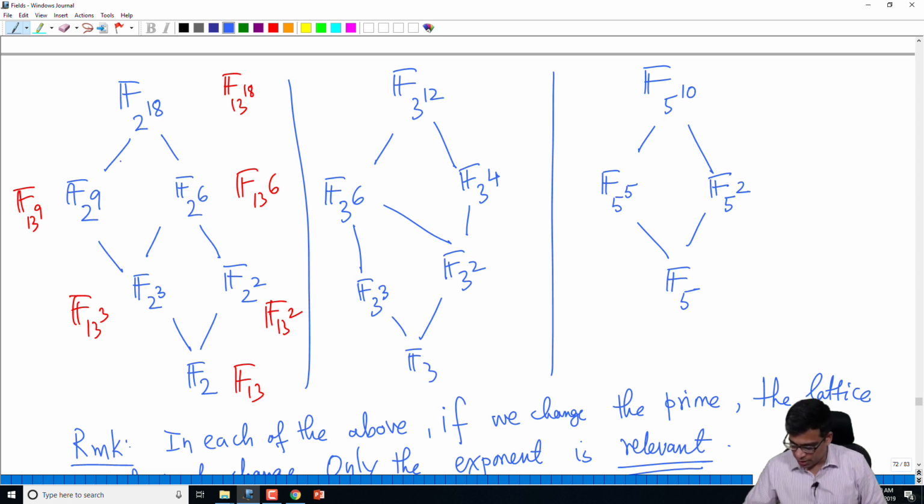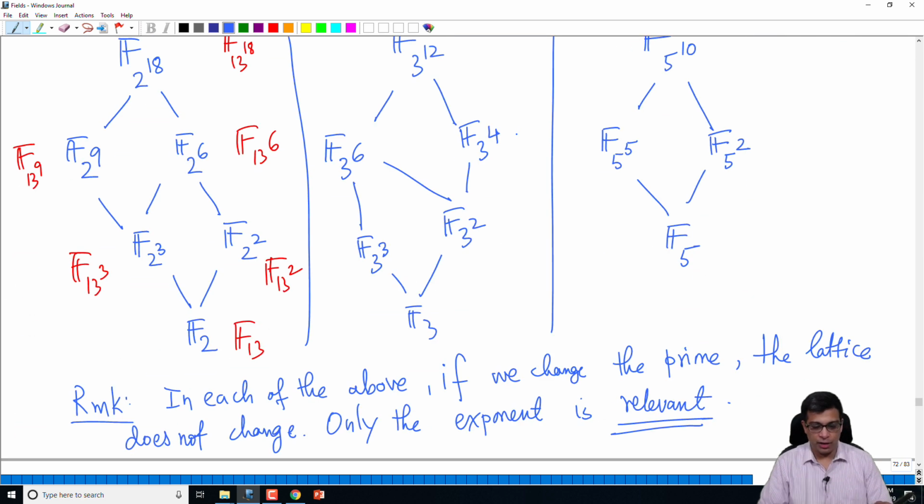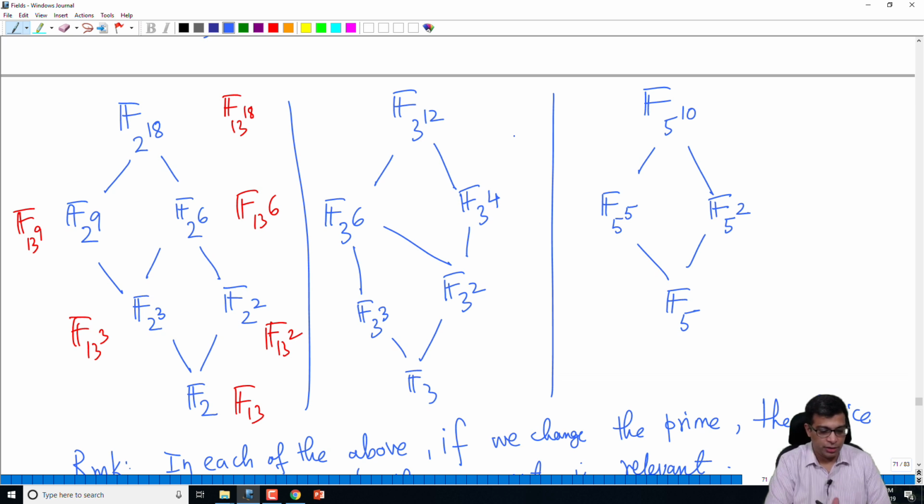In the crucial structure theorem statement, a field of order p power r contains a field of p power k if and only if k divides r. As long as p is the same, r and k are the only relevant numbers. So here we can, without changing anything, replace 2 by a different prime. Here replace 3 by a different prime, replace 5 by a different prime.